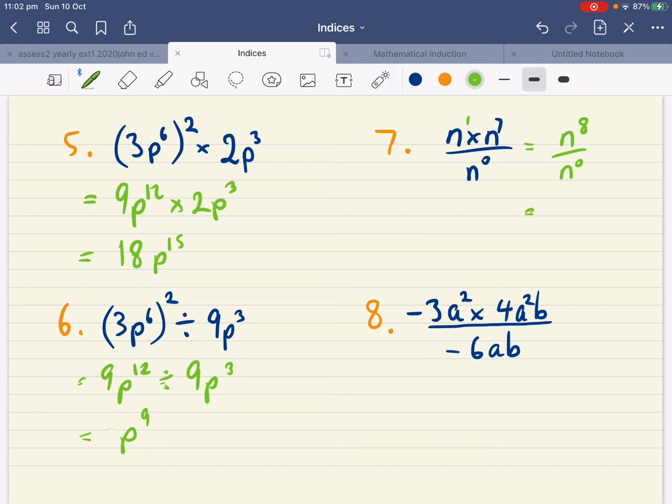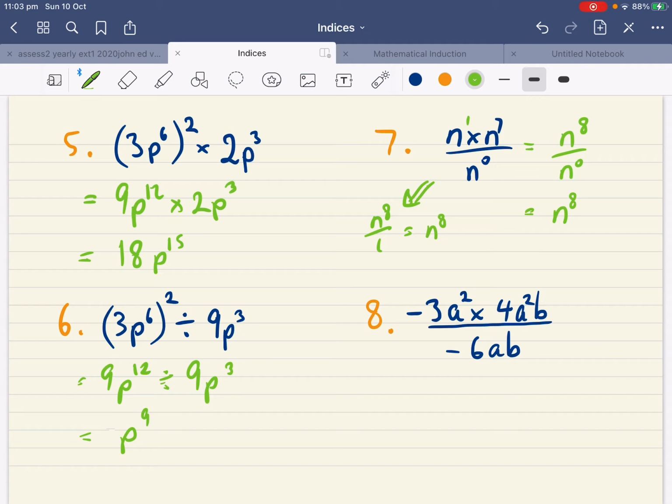And then index law number 2 says, hey, when dividing, you minus, 8 take away 0 gives you 8. That's the correct answer, no matter which way you do it. The other alternative, of course, was to have n to the 8 all over 1. And of course, any number divided by 1 doesn't change. You should have ended up with n to the 8 either way.